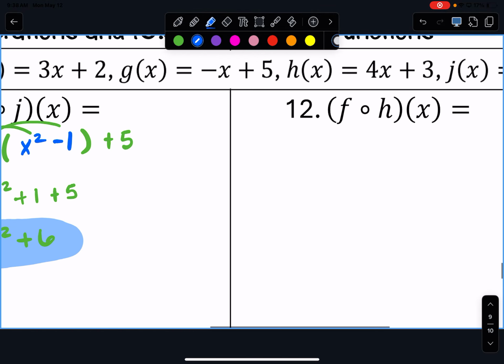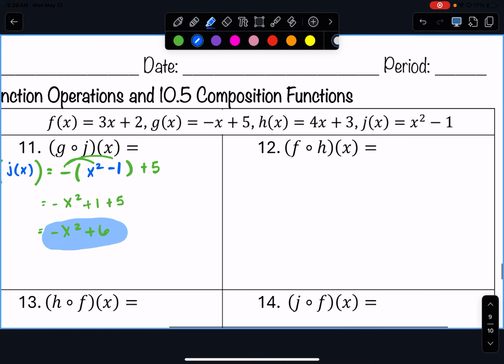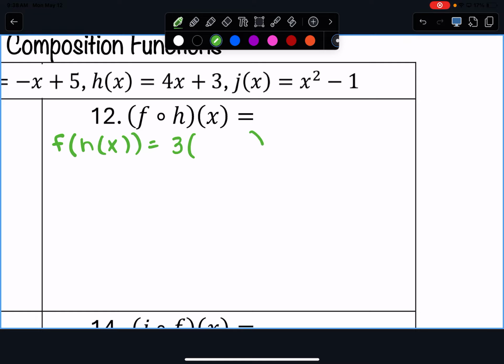Now we're going to do number 12. For 12, we are doing f of h of x. So we're going to start with f. What is f? 3x plus 2. And then we're going to plug in h.